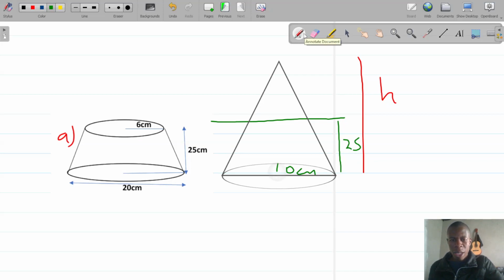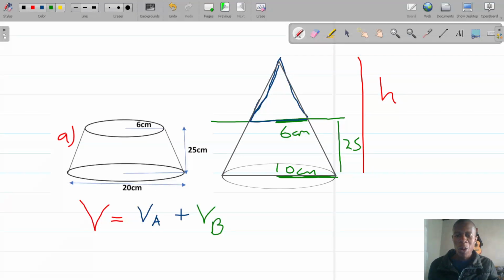That is from the center there to that point there, where the green line is. Then from this point to the middle there, it is 6 centimeters.